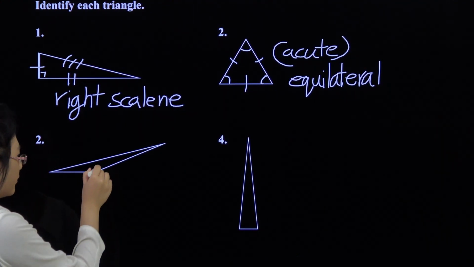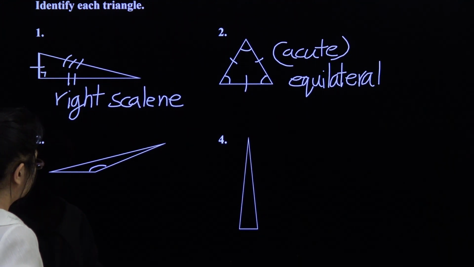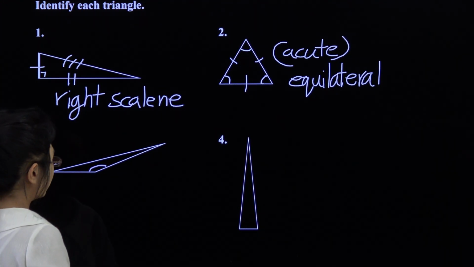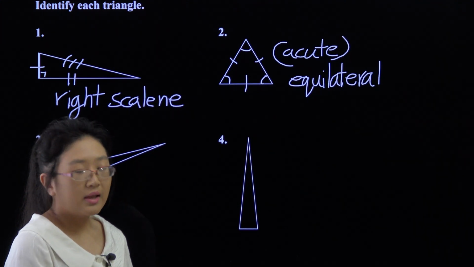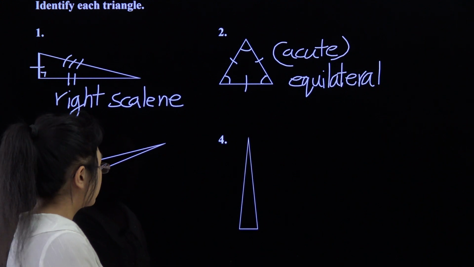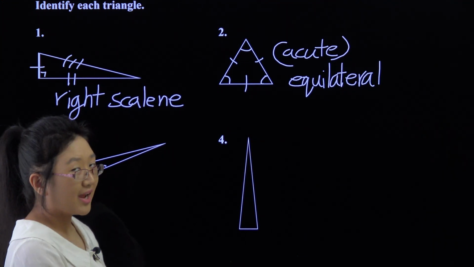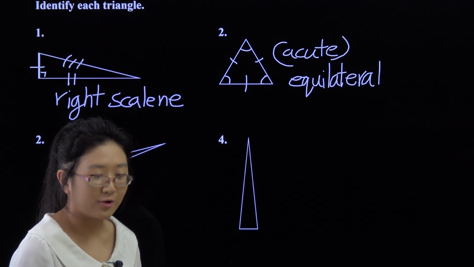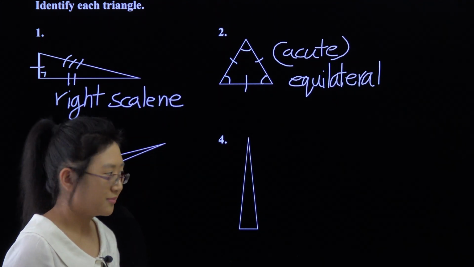So here we have one obtuse angle. And then we have two unequal angles. How can we tell that? Because the lengths are unequal for the sides. And if the side lengths are unequal, the angles are also unequal. This is what you learn when you learn about triangles, guys.